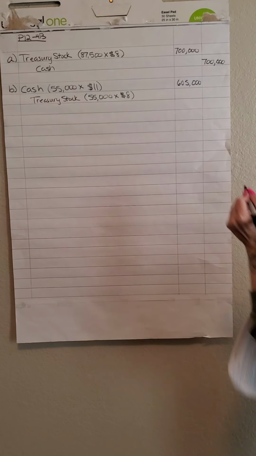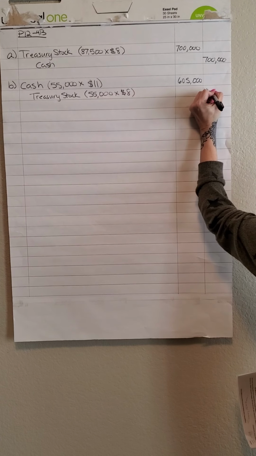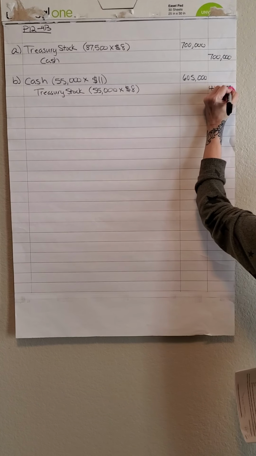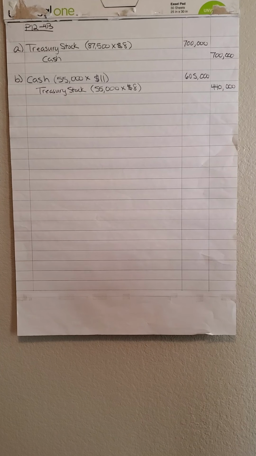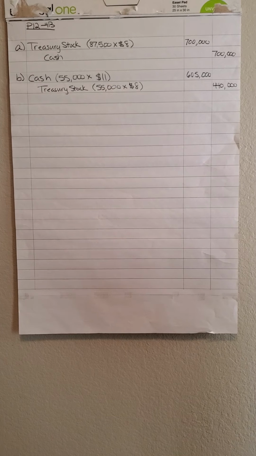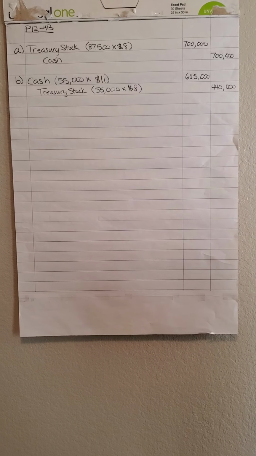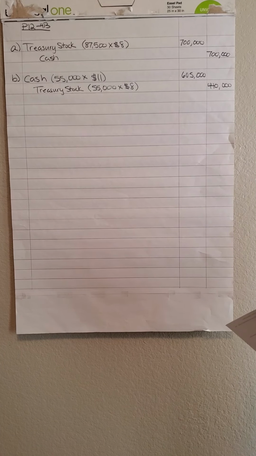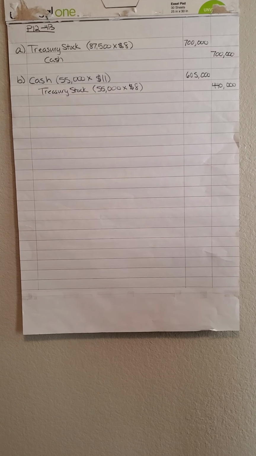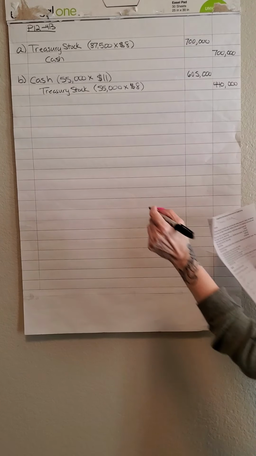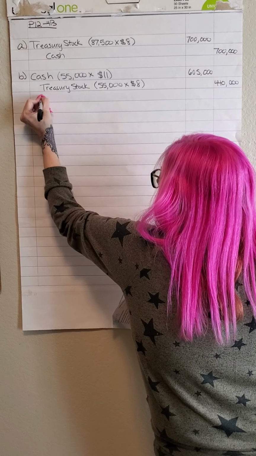That comes to $440,000 for the credit there. And then the additional amount that we received from this sale is going to go into a paid-in capital from the sale of treasury stock account. I want to make sure I'm using the right term they want us to use here. So paid-in capital from sale of treasury stock.